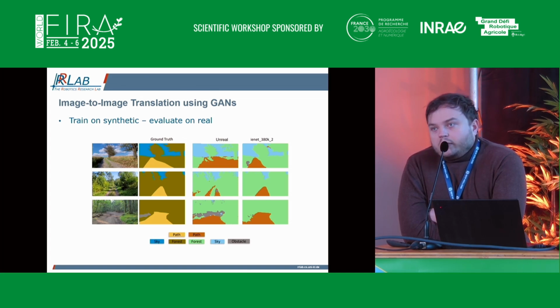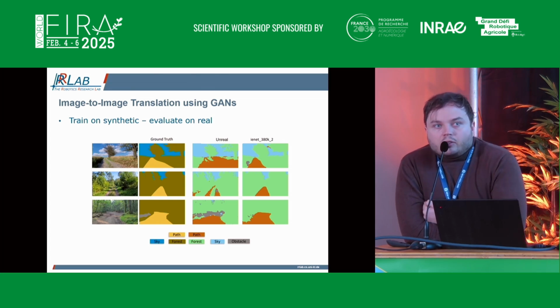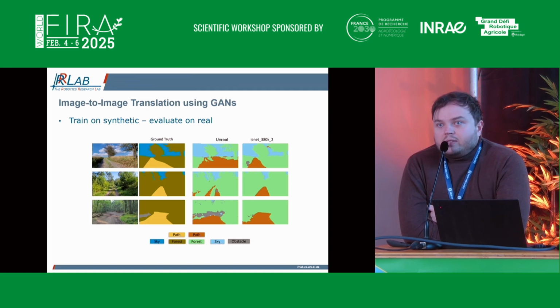And when we run our augmentation algorithm that we see on the right, we see a dramatic increase in performance. And when we take another step and actually mix a lot of this augmented synthetic data with a tiny proportion, like 5% of real data, we almost reach the same performance as we would while using only real data.